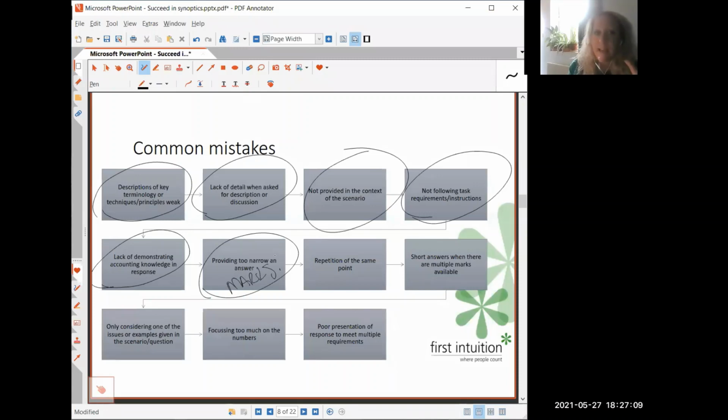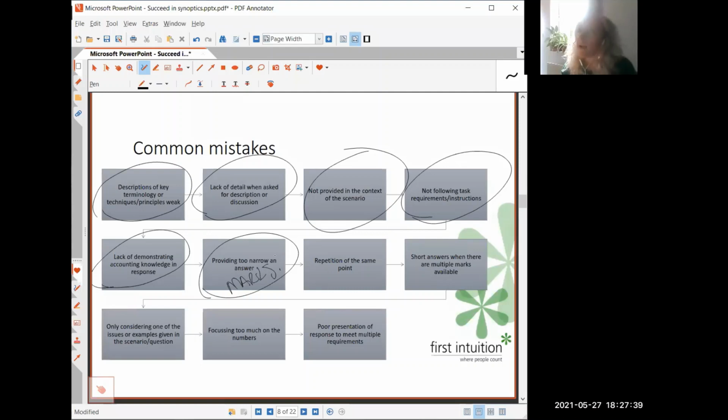If the question says there's 8 marks available and you write 2 sentences, there's no way you could be covering enough to answer that question effectively. Your answer must be so narrow and so focused on such a small part of what the response needs that you would not be able to pick up good marks for it. So make sure that you're answering enough.